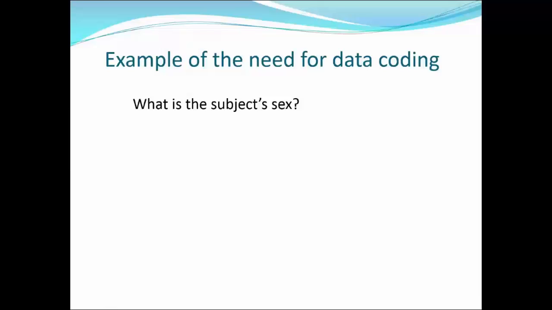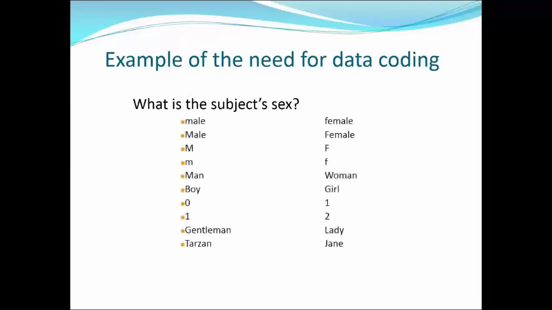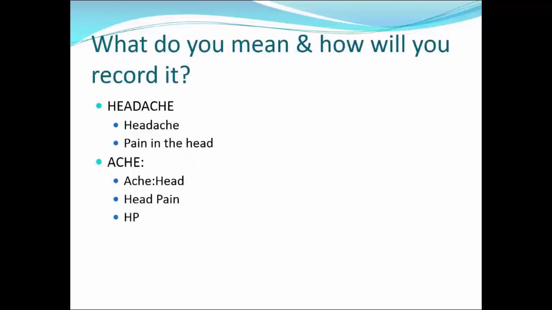And here's another example for the need for data coding. If you just ask someone's sex, this is what you get as an answer, and suddenly you have 20 different responses for sex. And someone has to go in and clean that all up. Here's another example: headache.